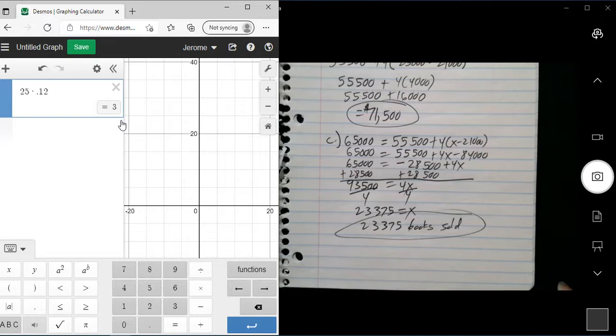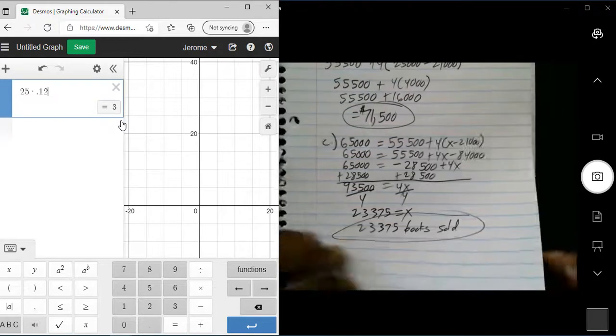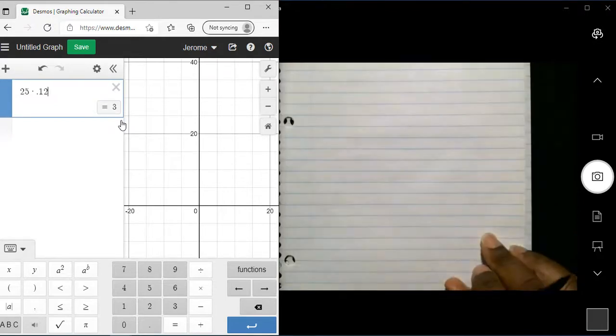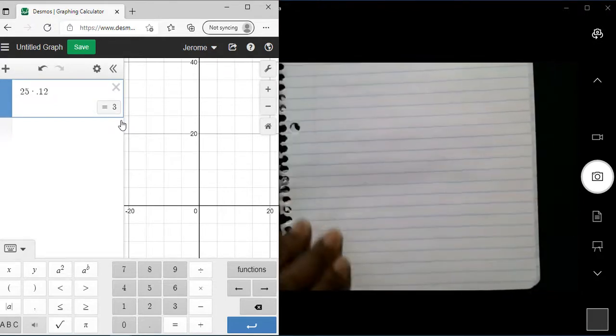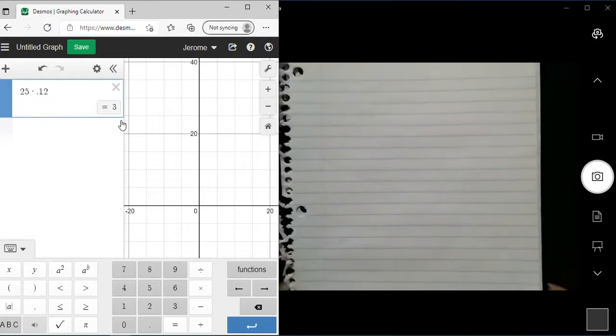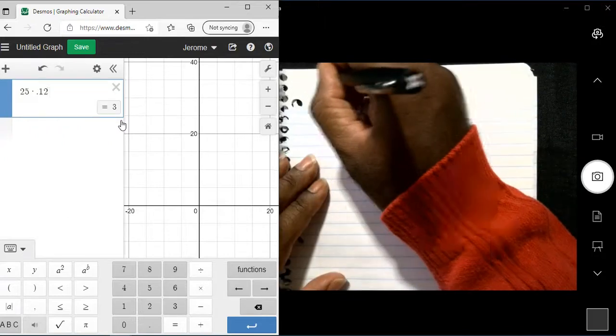Okay. Our next problem, which will actually be our last problem, is problem number 5. Okay, problem number 5. It says complete the following table where f of x is equal to the absolute value of x minus 3 and g of x is equal to the absolute value of x plus 3. All right, so the table.